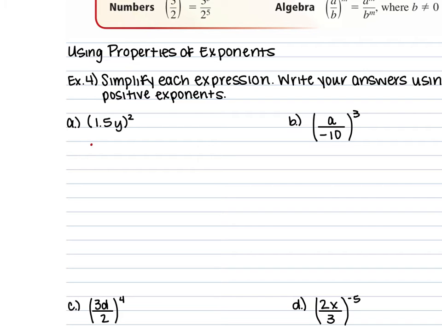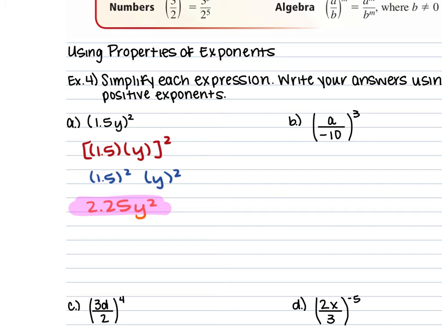If you want to rewrite it as 1.5 times y within brackets raised to the 2nd power, you can do that. So that way it reminds you that that 2 is going to be the power on the 1.5 as well as the y. The 1.5 squared is 2.25, and then that y squared is just y squared. So we have a final solution here of 2.25y squared.